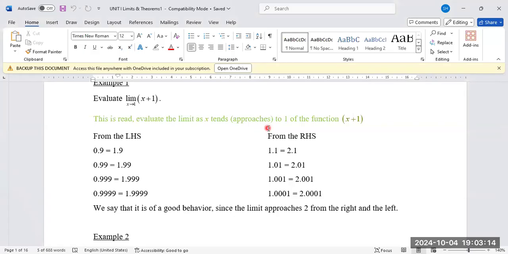Good job. All right. But I don't want to move too far now. So yes, the right-hand side is going to be positive, because when you go to the right-hand side, think of the number line. When you go to the right-hand side of the number line, it is positive.